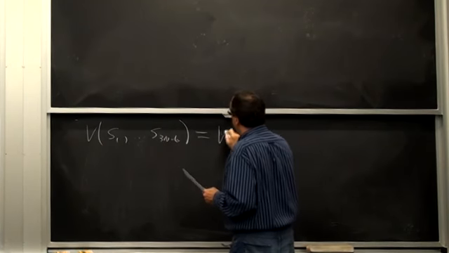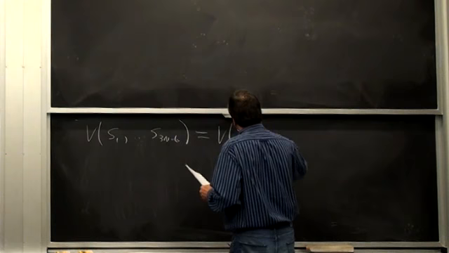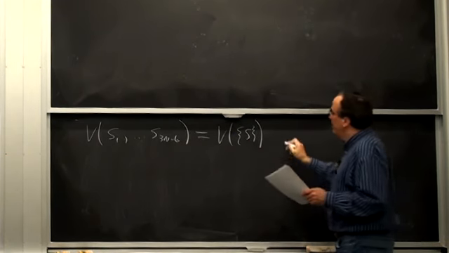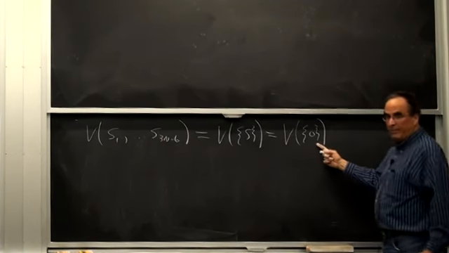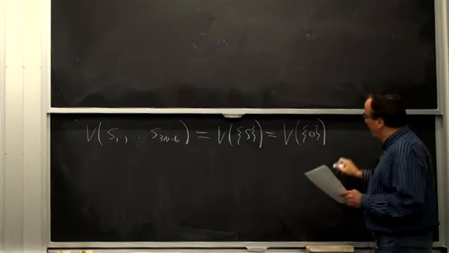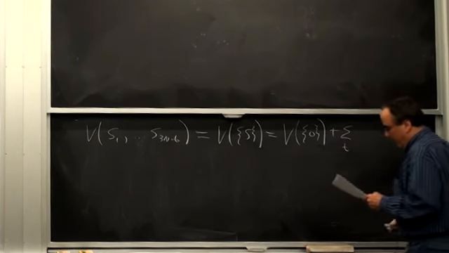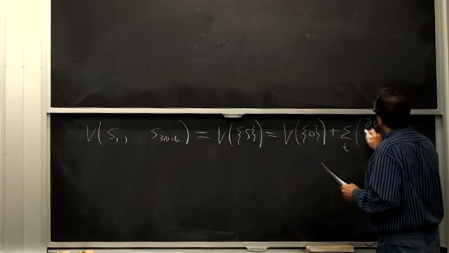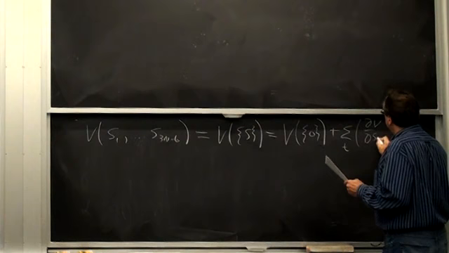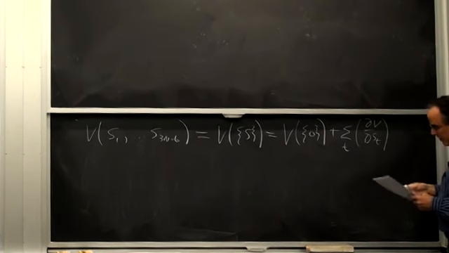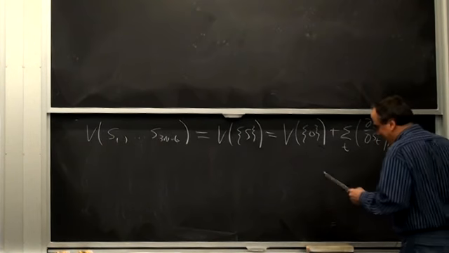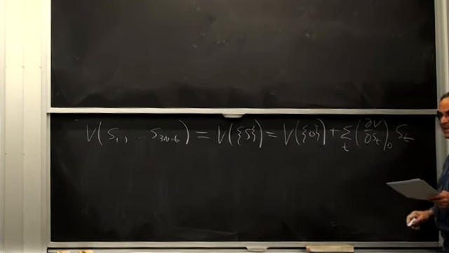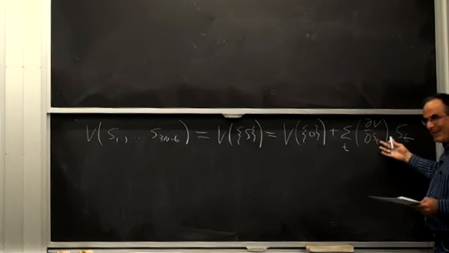And that's the same thing as a power series expansion, where we have the displacements all 0, and then we have the sum over the first derivatives, partial V with respect to S sub t. And now I'm committing this crime, which is traditional in this field, to use this rather than the bar. But that's what you find in most of the books. That's why I had to be dragged kicking and screaming away from this notation.